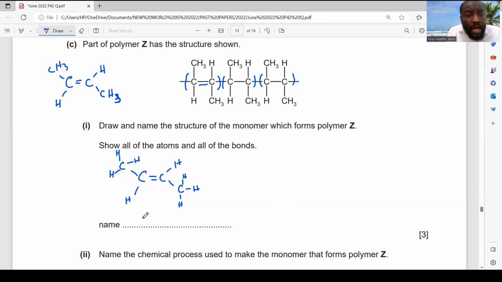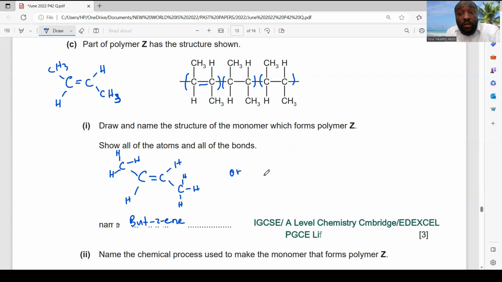Okay. And we can name this butene, since the functional group, the carbon-to-carbon double bond, is on carbon atom 2. I can beautify this by just writing it. I just wanted to draw it that way so that it looks like this.